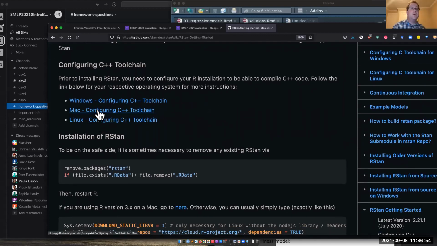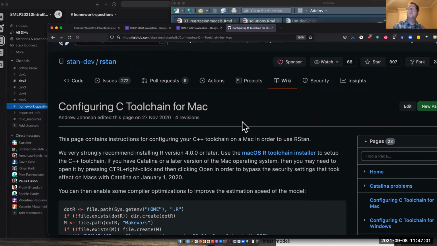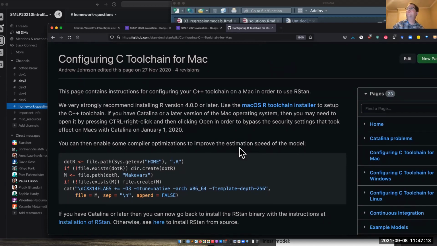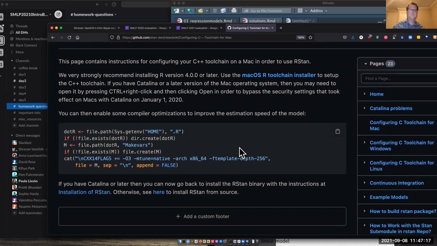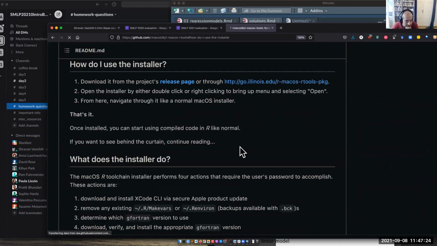So let's double check. What is this R toolchain compiler anyway? What does it do?